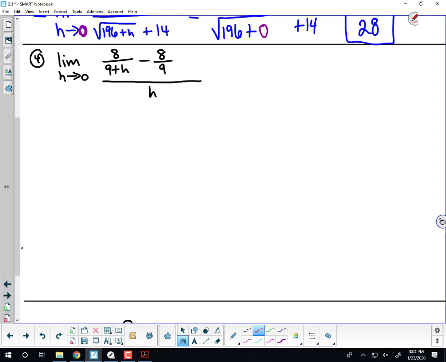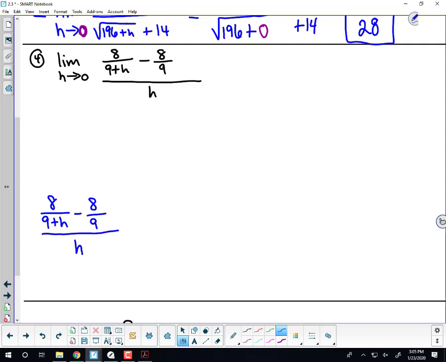So this time, instead of computing the limit in a single line, we're just going to take this expression with that function and simplify it first and then compute the limit. We'll simplify to see if we can get rid of this h in the bottom.